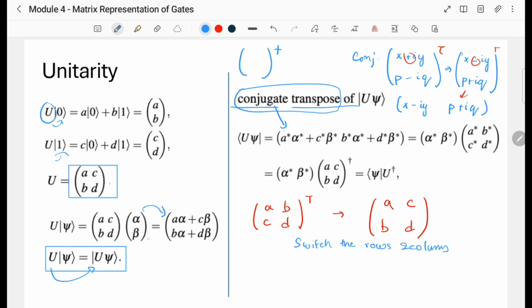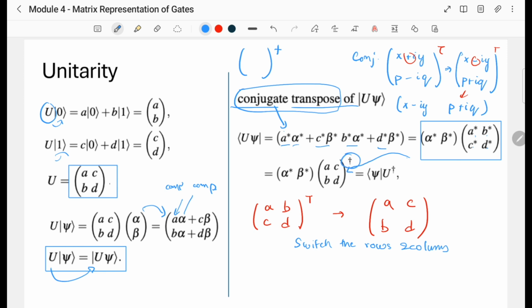So it's really simple. We assume that these coefficients a, b, c, d are complex, and even these coefficients alpha and beta are complex. So we assume everything is complex, and therefore we take the conjugate of everything. This is pretty trivial to follow, and we get this. Now we can see this A, B, C, D, and when we transpose this, we get this matrix.